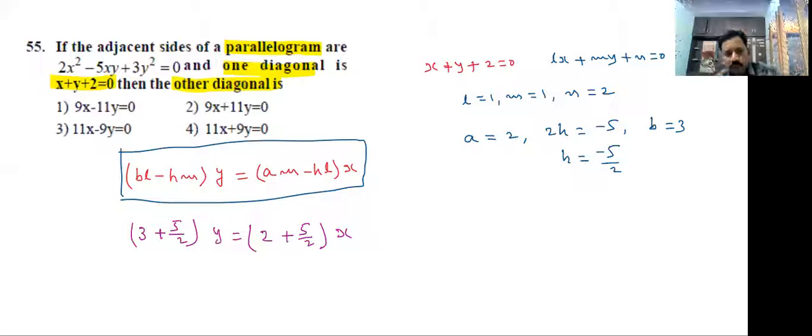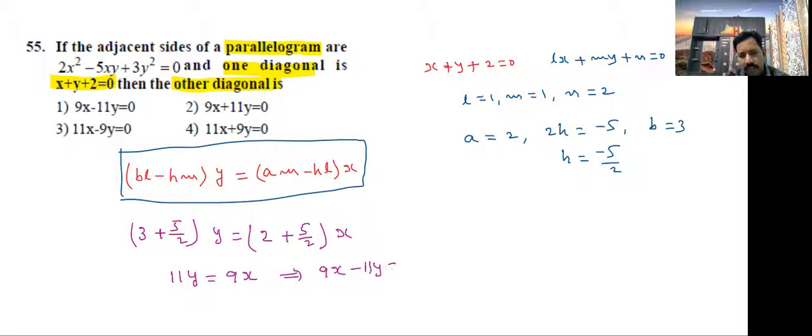Take the LCM 2 on both sides, the LCM is going to cancel. Remaining part: 2 threes are 6, 6 plus 5, 11. 11y = 2 twos are 4, 4 plus 5, 9x. 11y = 9x. So that is 9x - 11y = 0. This is the answer.